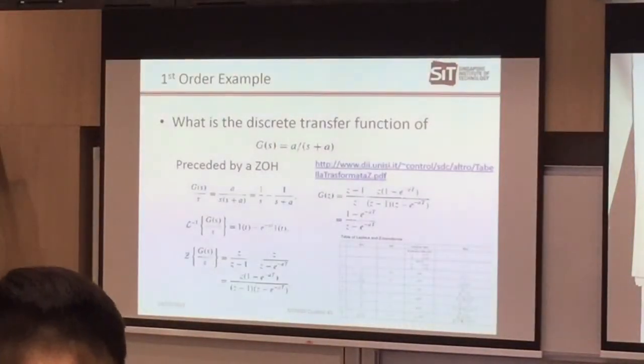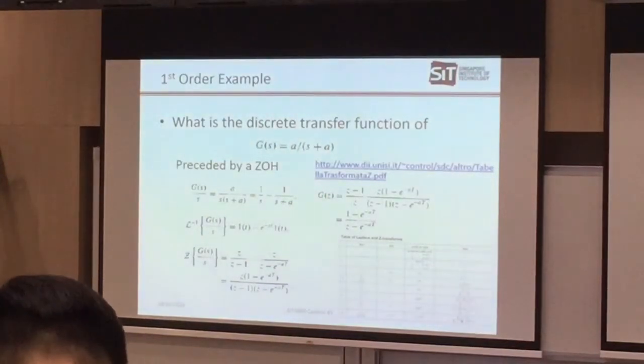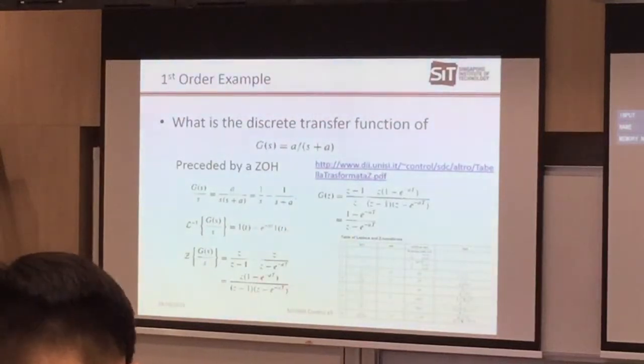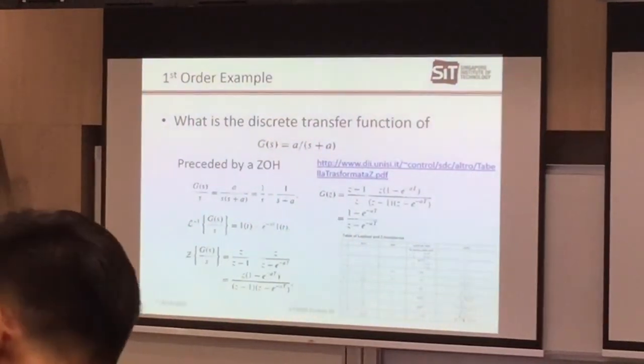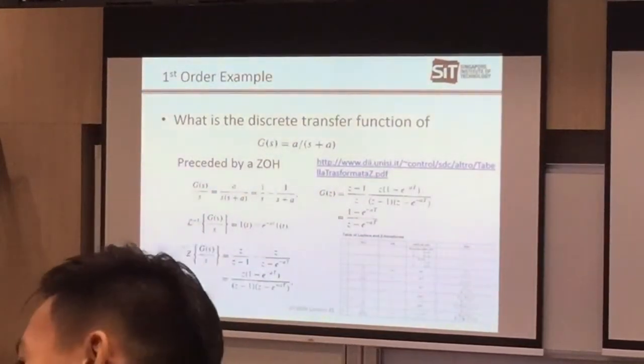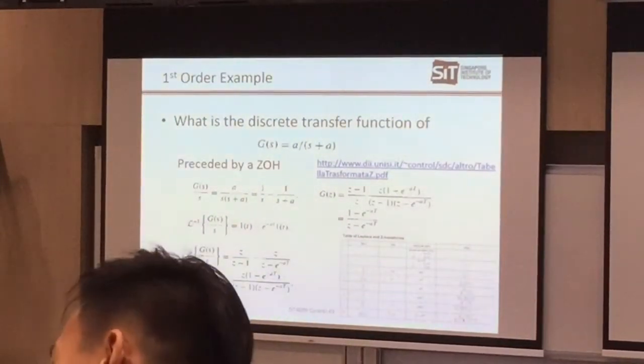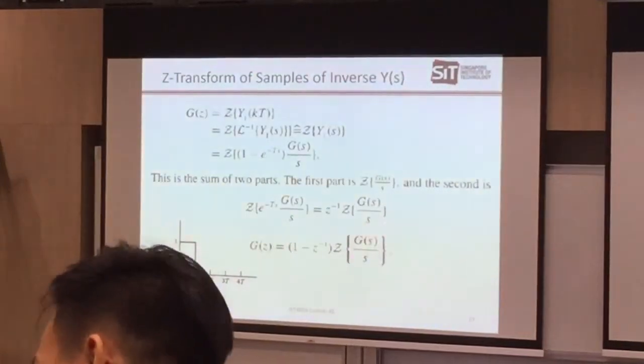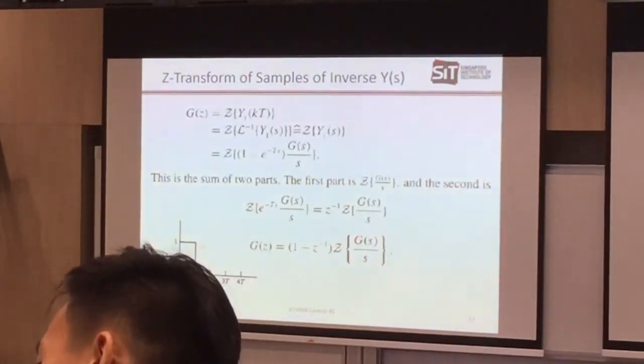So actually the process is not so difficult. The process for the zero order hold transfer function conversion is not difficult. But you need to divide your G(s) by S. You need to divide your G(s) by S. Then you look at the table.